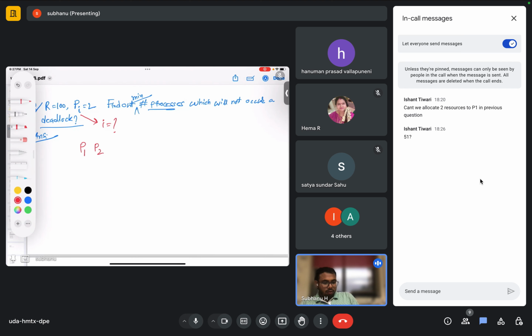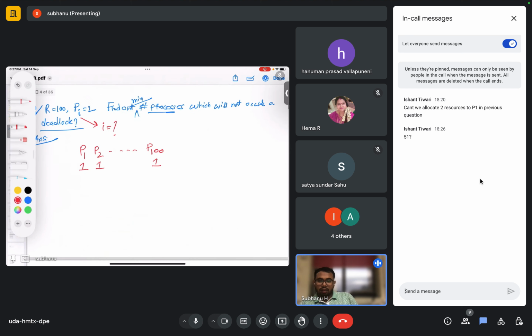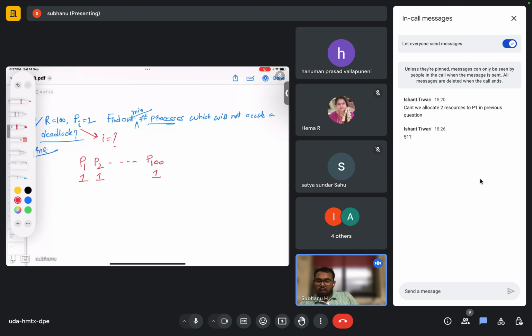If you have P1, P2, up to P100, and you give one resource to everyone, then because each requires 2, I am giving 1 to each and every one. Like x1 means 2 minus 1, x2 means 2 minus 1, so that is x1 minus 1, x2 minus 1, up to xn minus 1.